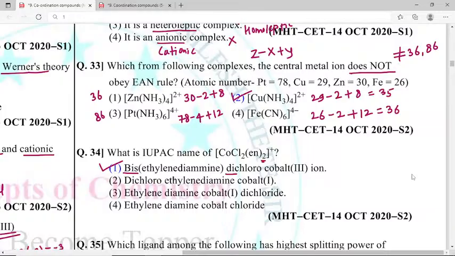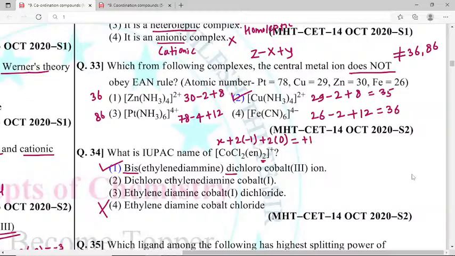Okay, the oxidation state is very important. Here it is 1 plus, and it is not written as an oxidation state, so that's the incorrect option, because there is no oxidation state written inside the bracket. So I am calculating the oxidation state also. Cobalt has value X, plus 2 times Cl, each Cl has minus 1, plus 2 times ethylene diamine, which has a value 0, is equal to plus 1.